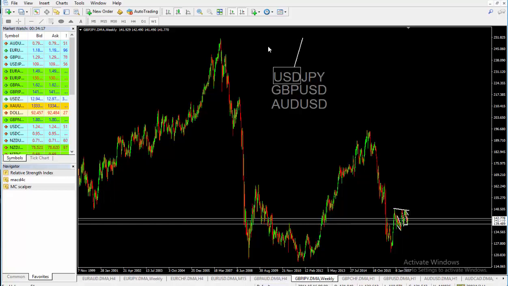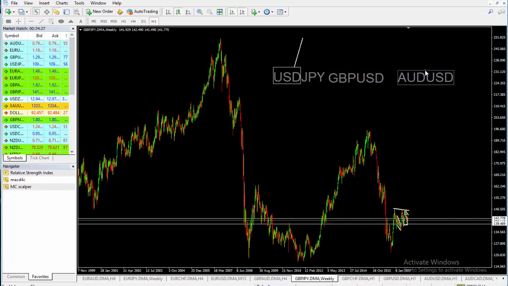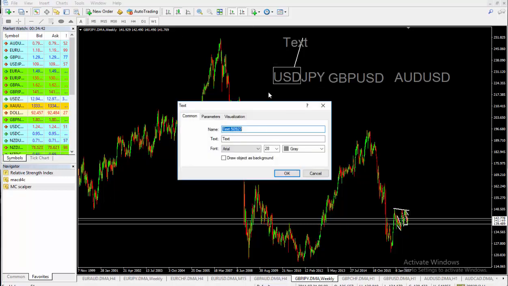Will go long. So now if we want to go long on USD JPY, what you are basically saying is that the dollar is going to gain strength. So if you are saying that the dollar is going to gain strength, you will buy it. You'll go long or you'll buy it.